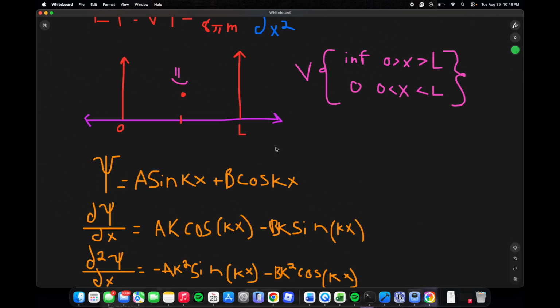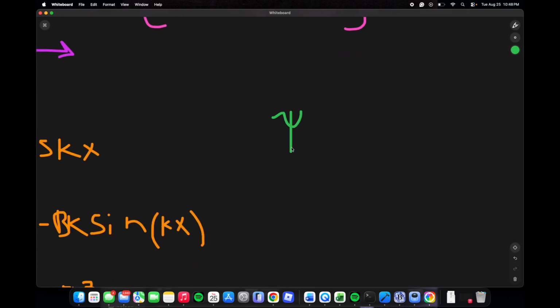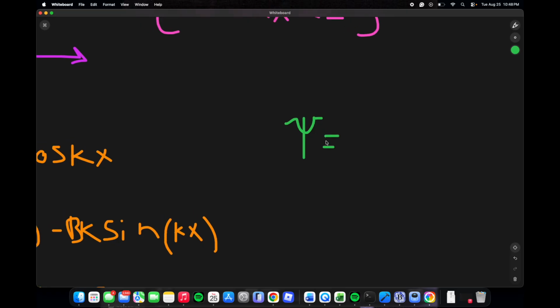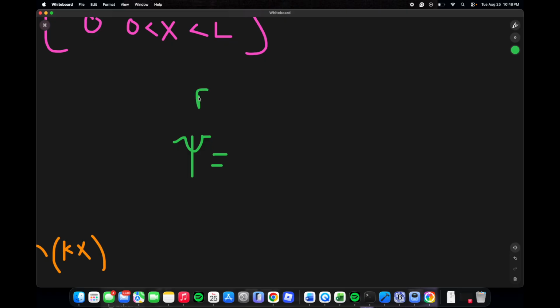So what can we do? Well, let's take our initial function and let's say, okay, we know that for x equals 0, the wave function equals 0.